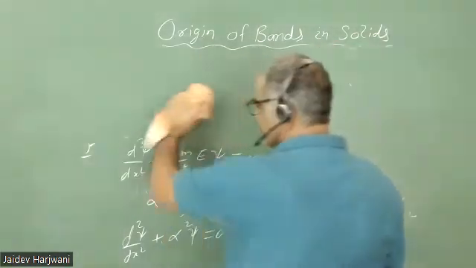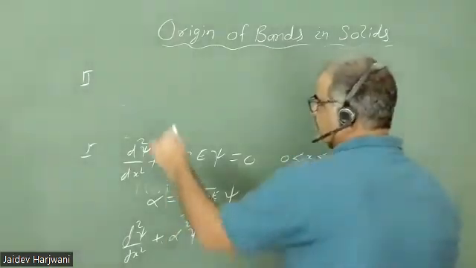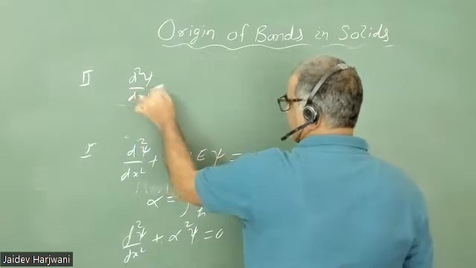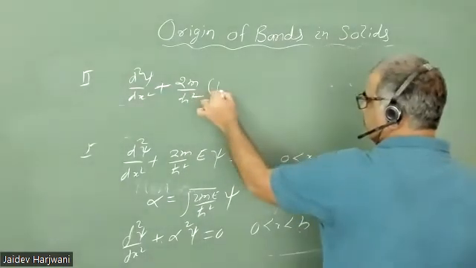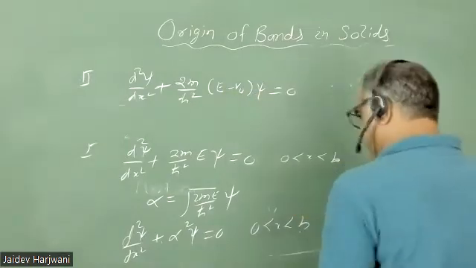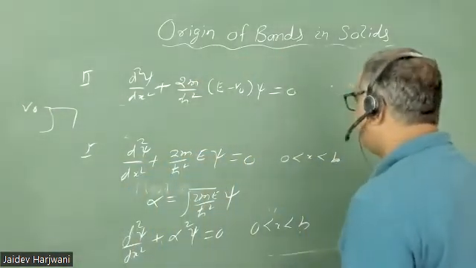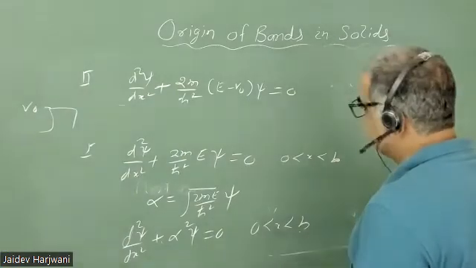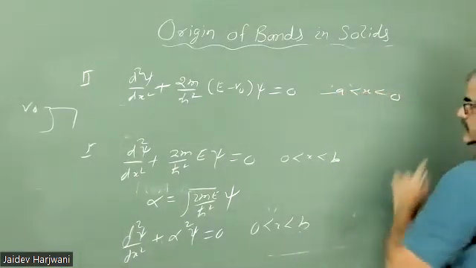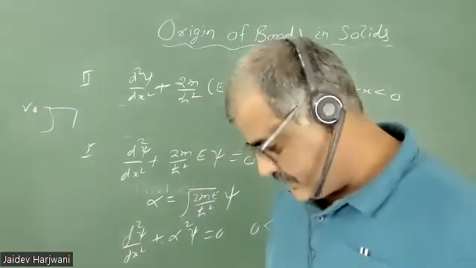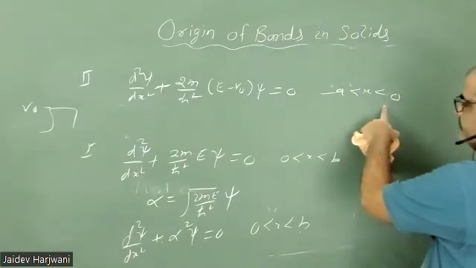If I want to write the equation in region 2, I can write d2 psi dx square plus 2m upon h cut square E minus V naught psi equals 0, if the top of the potential is equal to V naught, where x varies from minus a to 0.